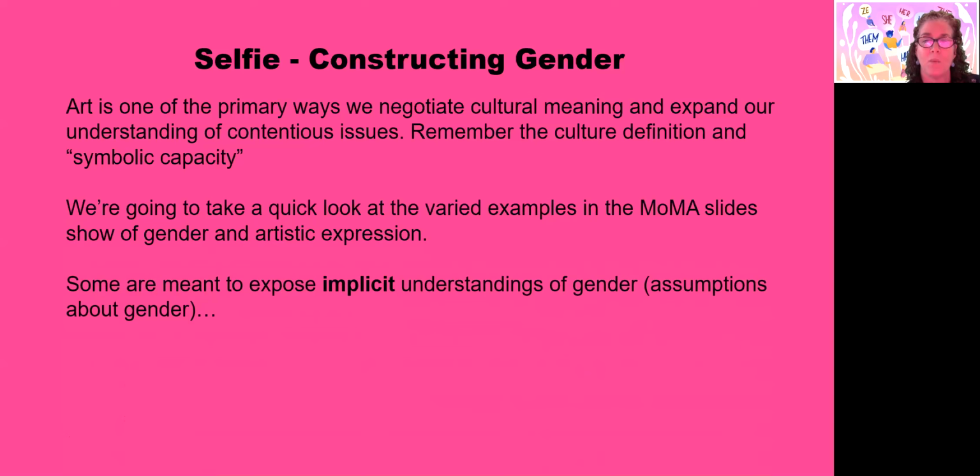Some of the expressions that we are going to look at in these works of art are exposing implicit understandings of gender, and those are assumptions that we make about gender. And we've talked briefly about implicit ways we pick up our enculturation process.